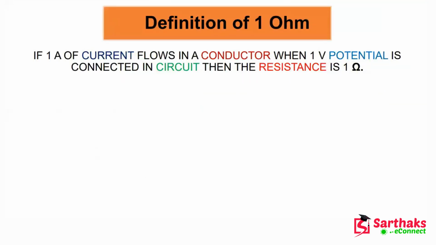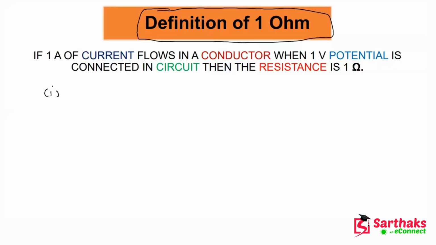Now we have to write down the definition of 1 ohm. These definitions are frequently asked in examinations, because the definition of resistance, current and potential are very normal things to us.